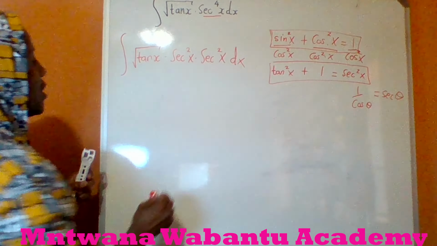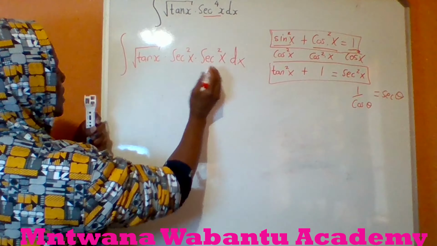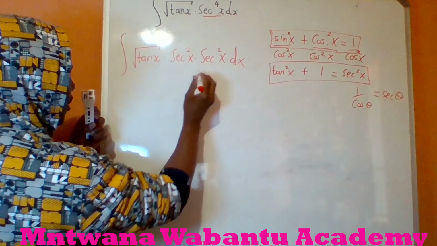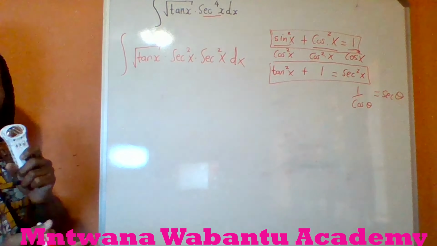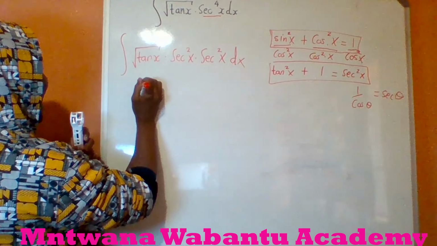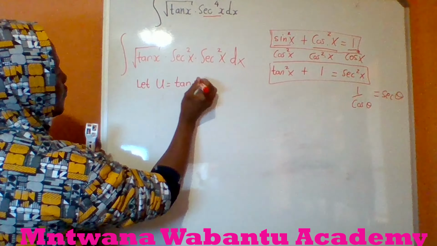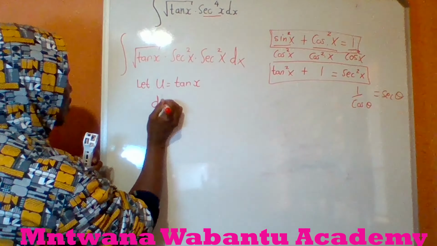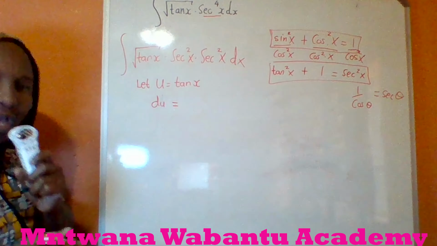So now another thing, from differentiation, right? So I'm going to do substitution. How am I going to do it? Let me let this term equal to any letter. Let's say u. So I'm going to say let u equal to tan of angle, and then I'm going to differentiate. When I differentiate, it's going to give me du here, and on the right hand side when you differentiate tan, you get sec square.